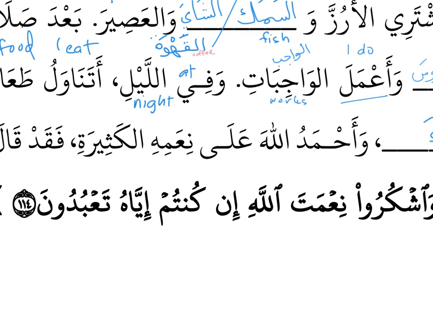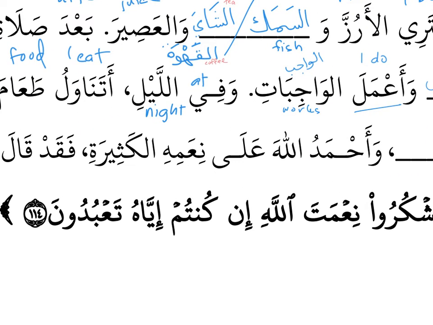The next sentence, wa ahmadullah, and this is not Ahmad, even though the word is similar to the word Ahmad, but this is not the name Ahmad. This means I praise. Wa ahmadu, I praise. This word is from the word Alhamdulillah, the same letters. Ahmadullah, I praise Allah.